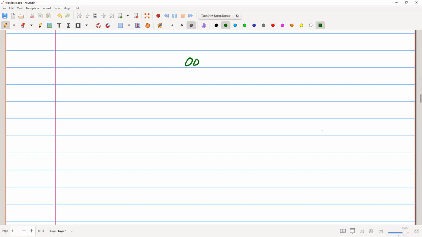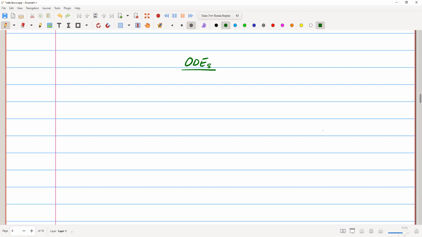So in the previous class, we discussed the Riccati's equation, and so we concluded first order differential equations and some classical classification of differential equations.